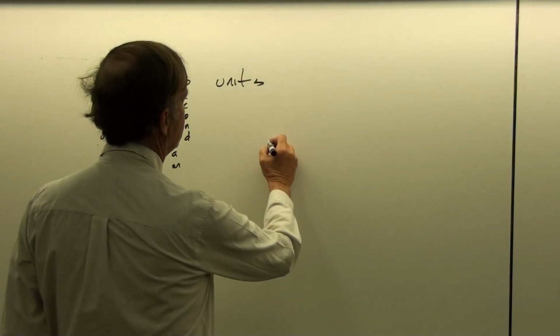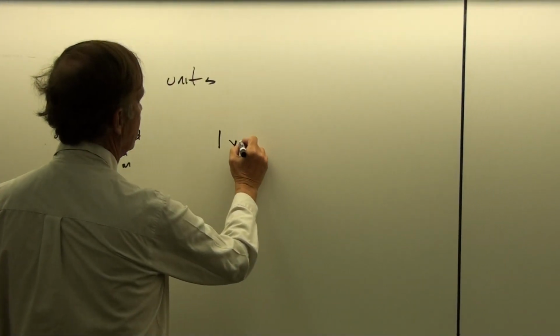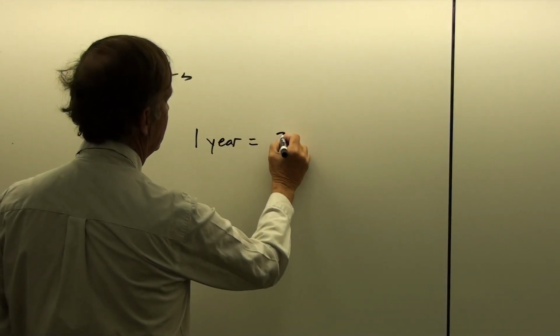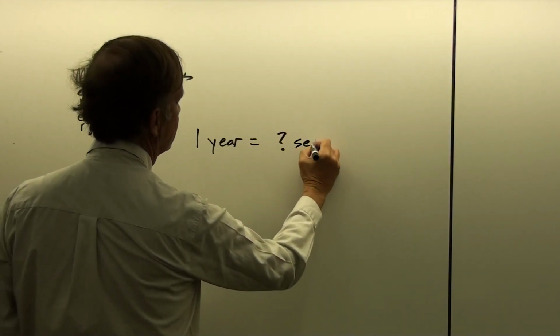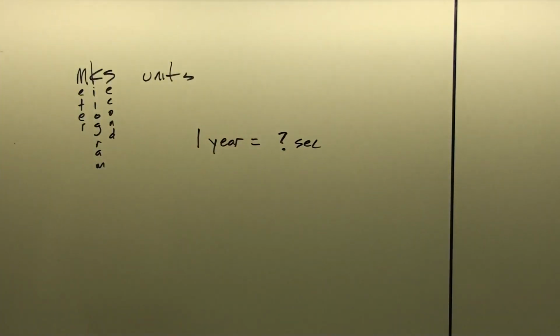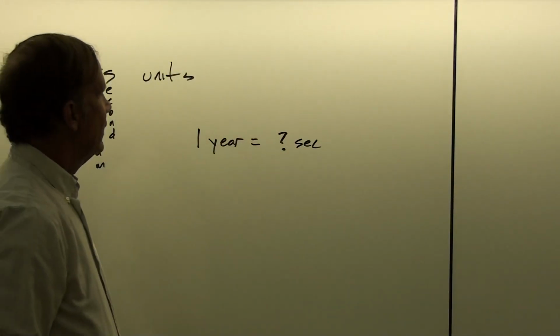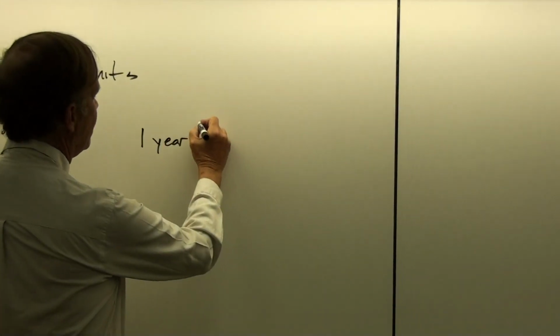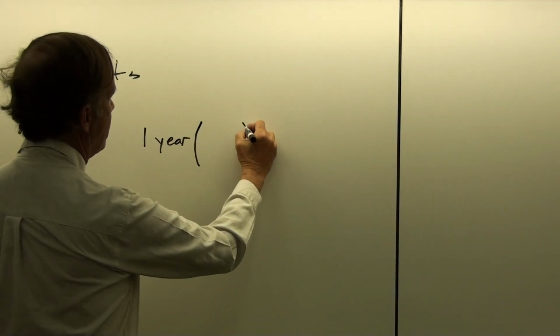Let's say that we have 1 year, and that's equal to how many seconds? Okay, so how could we do that? Well, one way of doing this is to multiply by equivalent forms of 1.